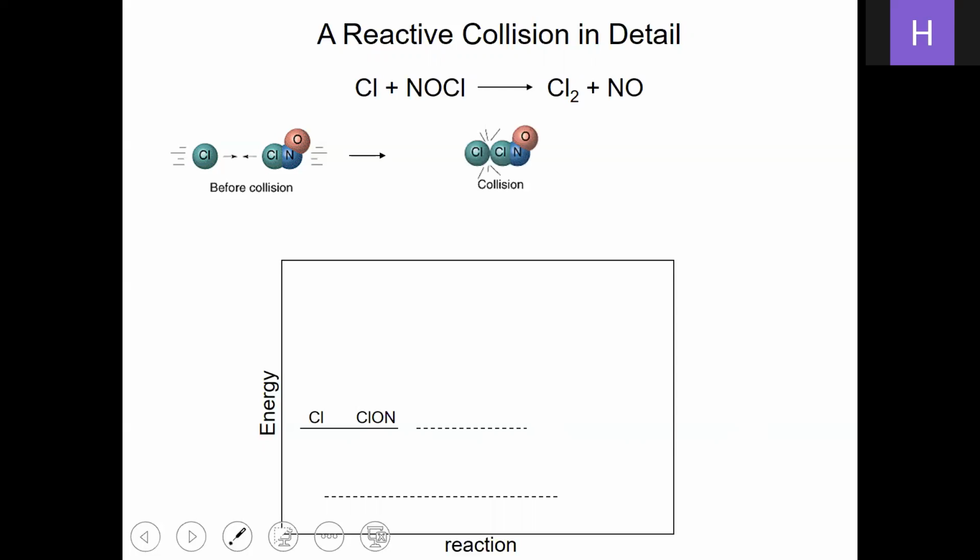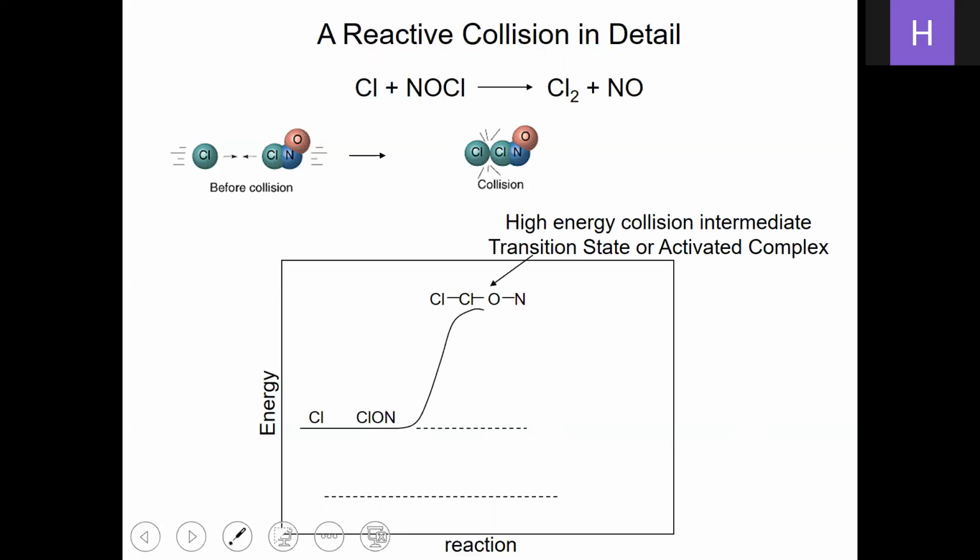Then a collision happens. What does the collision look like energetically? It's way up there. The collision creates a very high energy species, a high energy complex called an activated complex frequently, but we will refer to the top of that hill as the transition state.